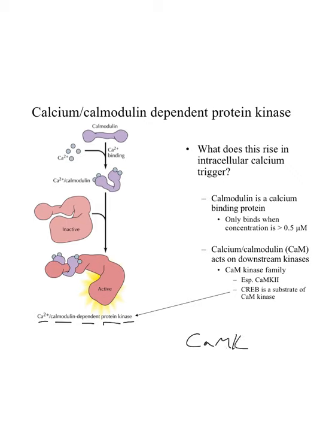So let's take a look at what calcium does here. So here's your cytosolic calcium. It just got released from the ER when IP3 bound to that calcium release channel. Calcium came out of the ER into the cytosol, and once it hits a critical concentration of around half a micromolar, it's of sufficient concentration to do this, binding to a protein called calmodulin.